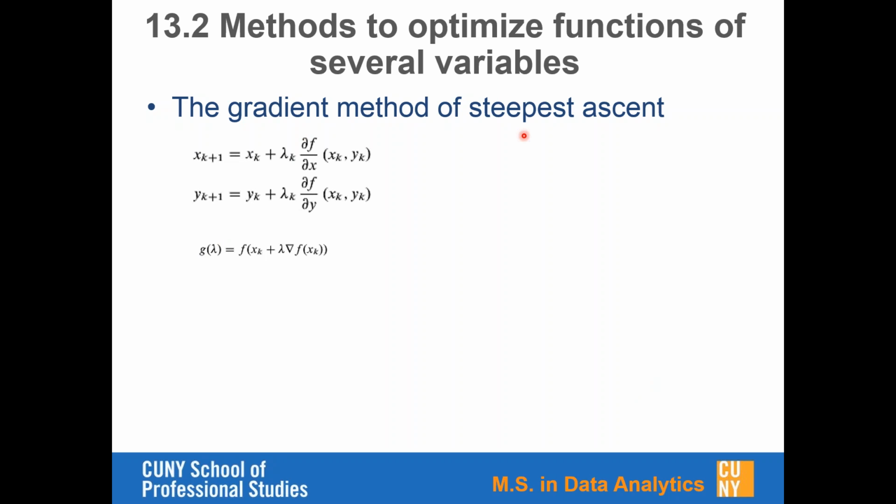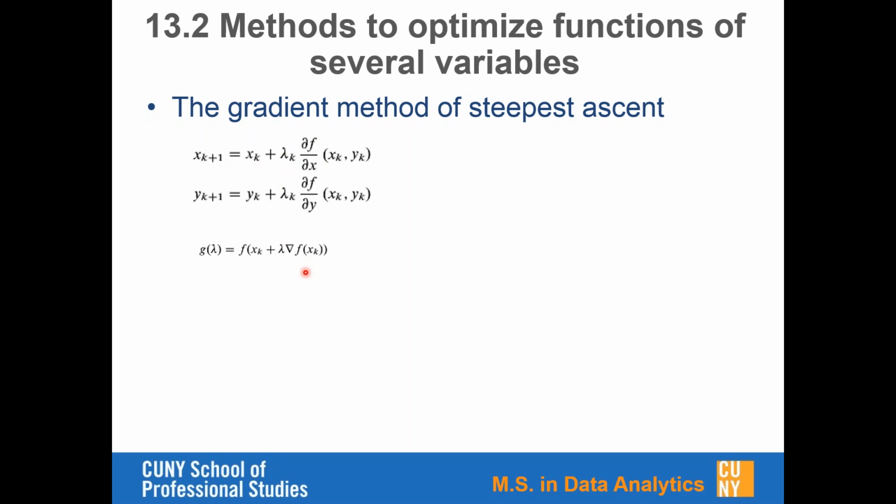So the basic idea is to use a function to take a partial derivative with respect to a particular variable, and then use a certain step size, which is called lambda k, starting from a point, which is xk and yk.